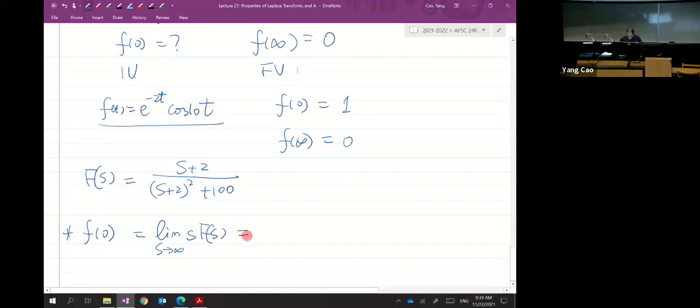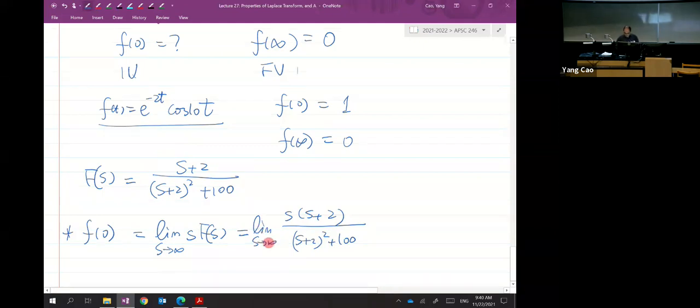So let's try this together. s times F of s: here's F of s, so you multiply by s, and what do you get? You get s times s plus 2 over s plus 2 squared plus 100, and then the limit is s to infinity.